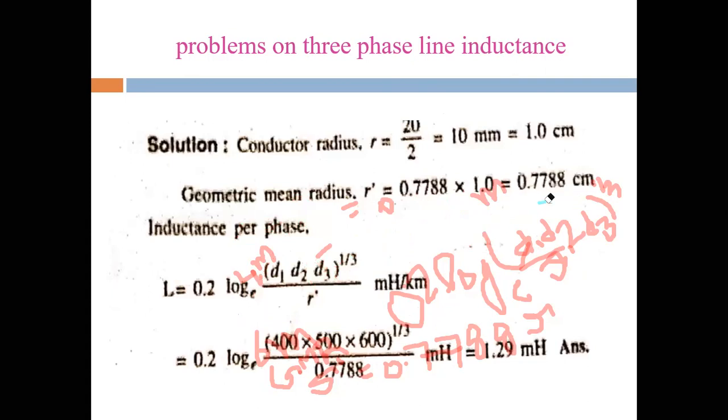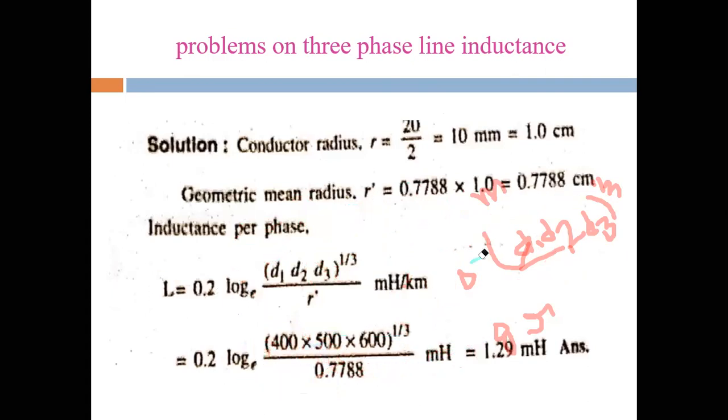This is the conductor radius, and we also calculate the loop inductance by using these formulas. Conductor radius R is equal to 20 by 2, that equals 10 mm. Then it will be converted into centimeters, that is 1.0 centimeters.